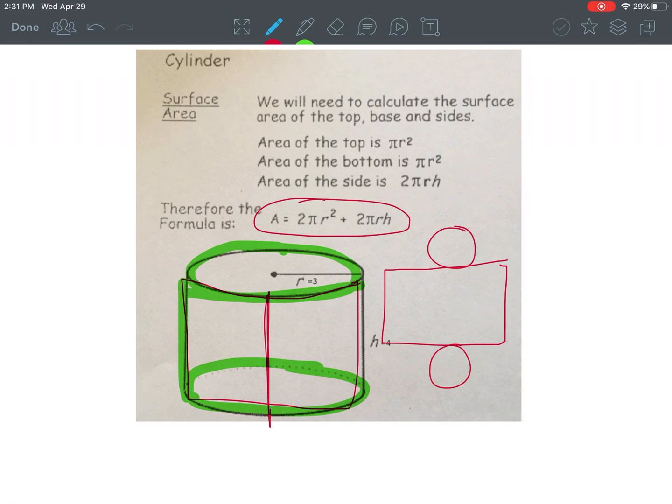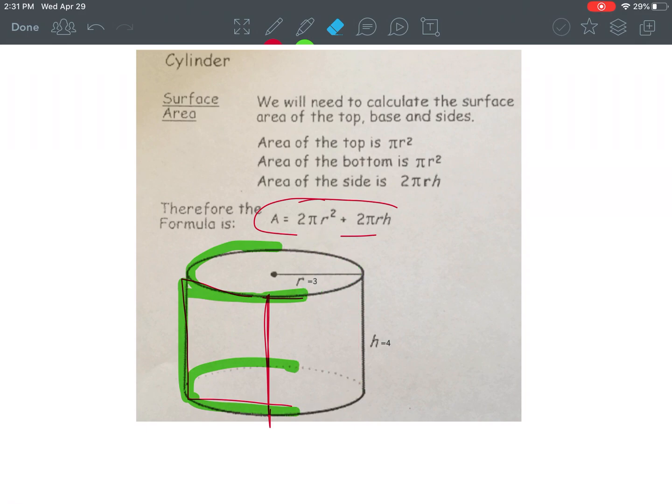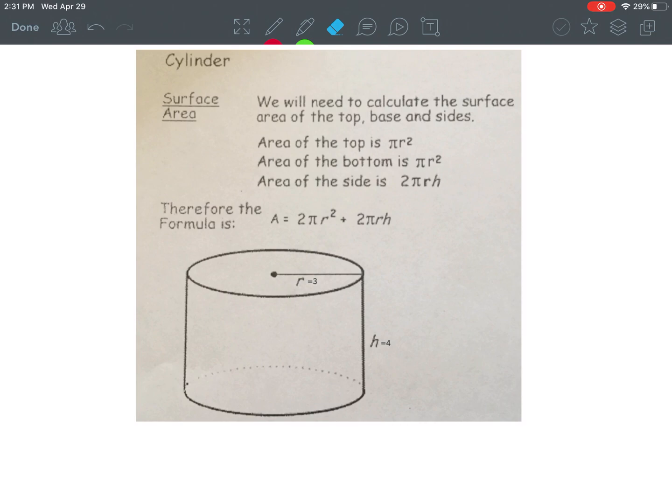When we spread that out like that, remember that is called the net. Okay? So the first thing you want to think of is you're basically dealing with a rectangle and two circles. Then what we're going to look at is how this formula is comprised of other formulas.